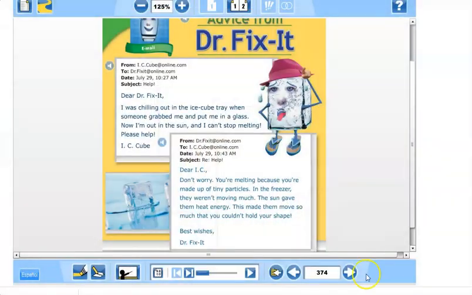Today we are going to be turning to page 374 in your reading books, your Storytown, and we're going to be going over the story that goes with your Storytown lesson, the science fair. So we're going to do the paired reading today. If you turn to that, you will see Dr. Fix-It.